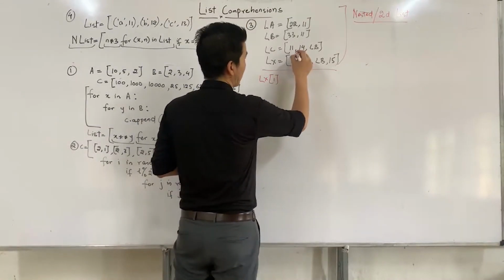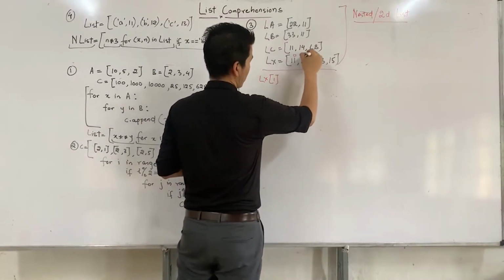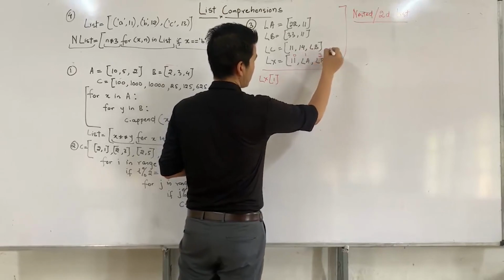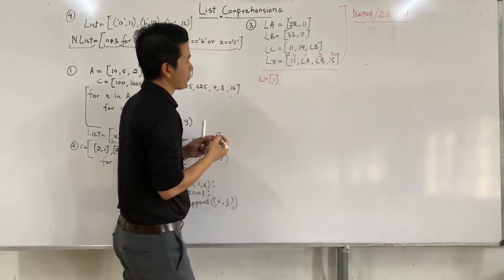So you have the index lined up like this: this is 0, this is 1, this is 2, this is 3.